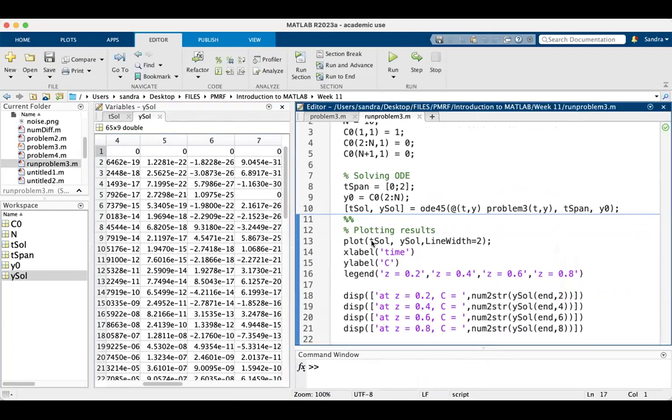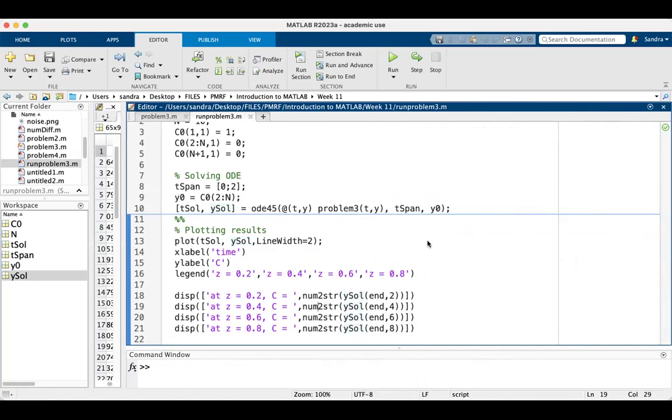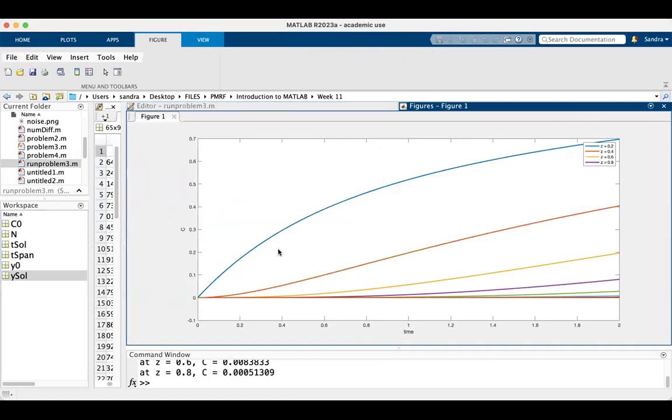Now let us see how to plot this. So t sol and y sol, when I plot, I'll be getting time on my x-axis, y sol on my y-axis, but I'll be getting different lines. Each line corresponds to a specific z value. This will be the plot I'll be getting. Each line corresponds to a specific z value. So the first line will be for z equal to 0.2, and next for z equal to 0.4, 0.6 and 0.8.